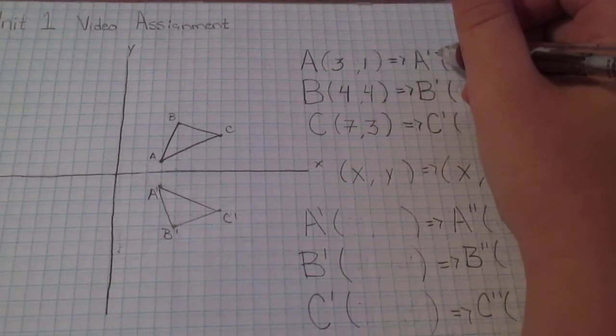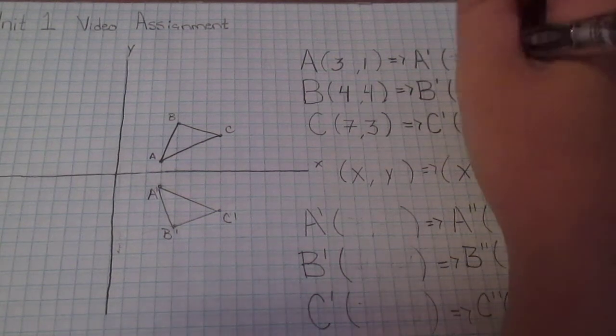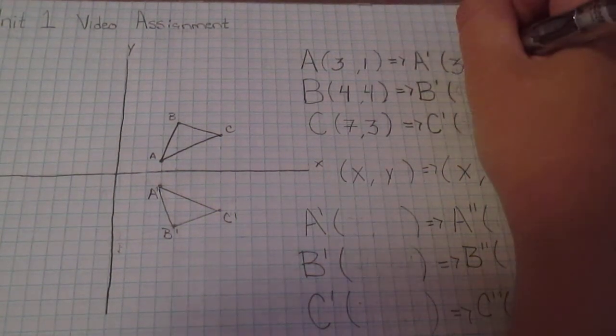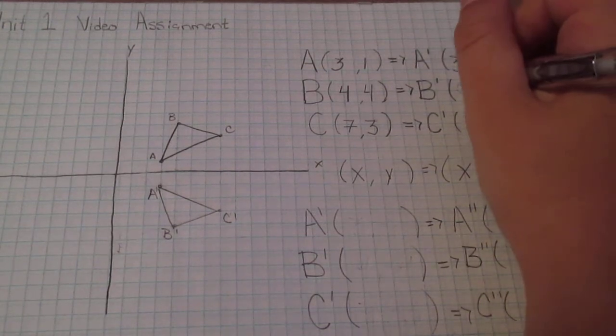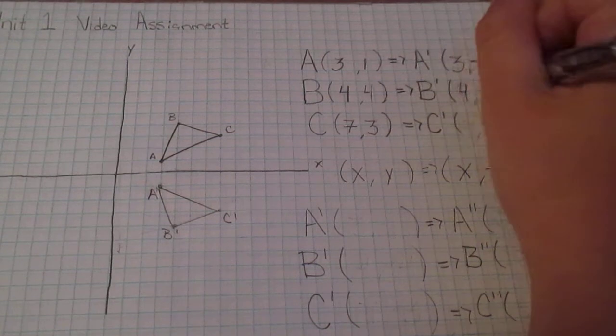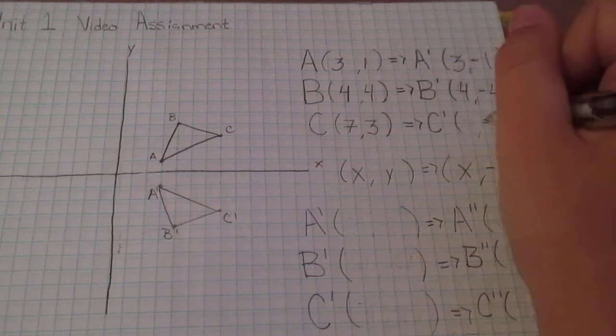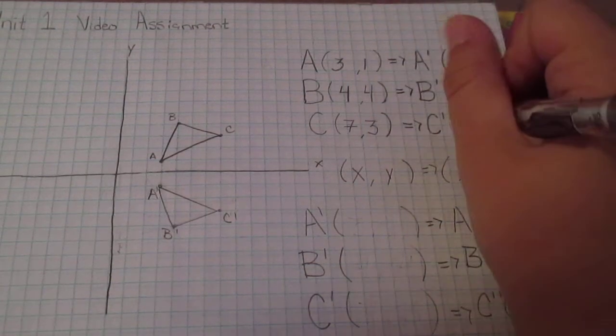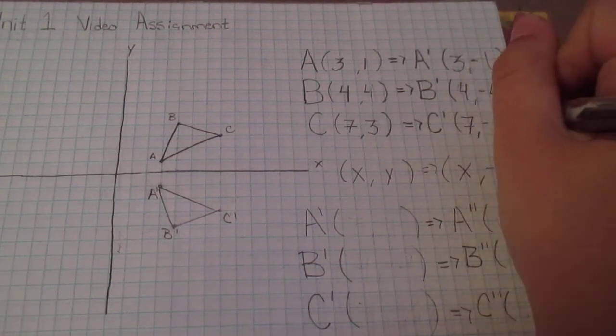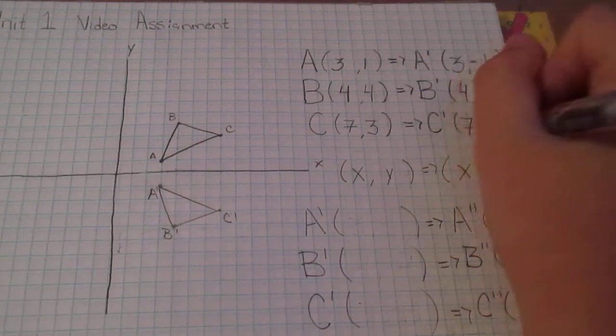My A prime coordinates are going to be 3, -1. B prime coordinates are going to be 4, -4. My C prime coordinate is going to be 7, -3.